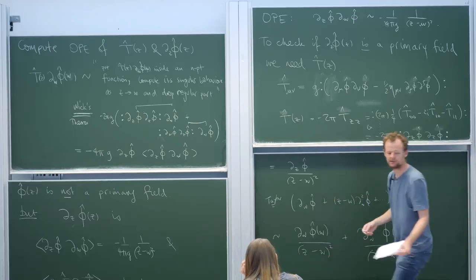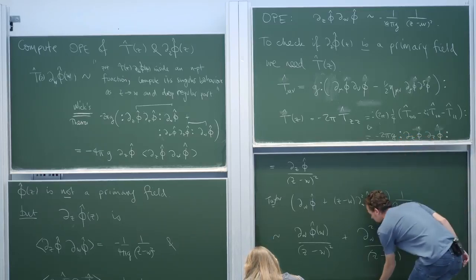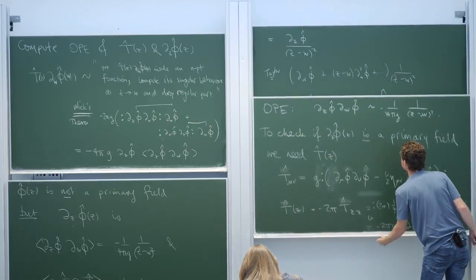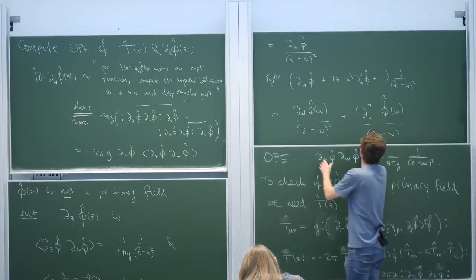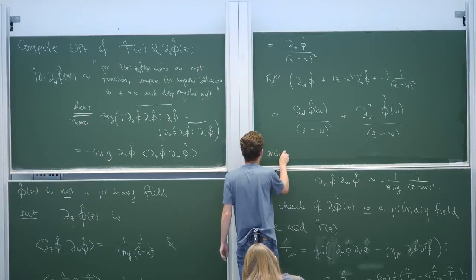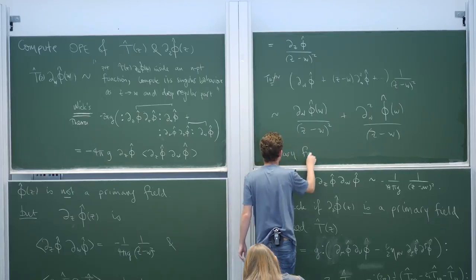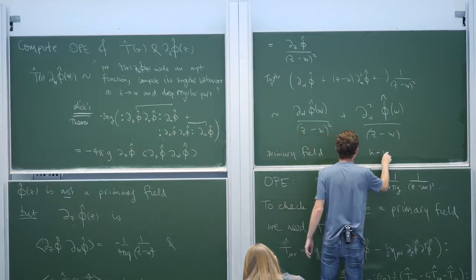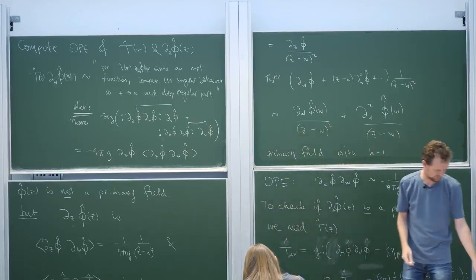And that is exactly how a primary field with h equal to 1 behaves under an infinitesimal conformal transformation.